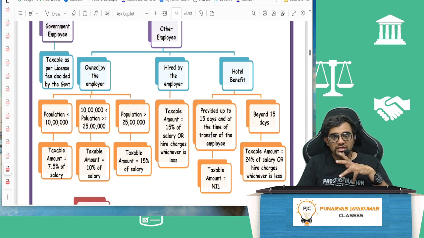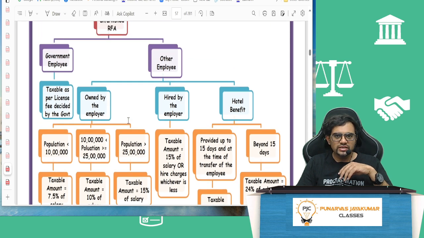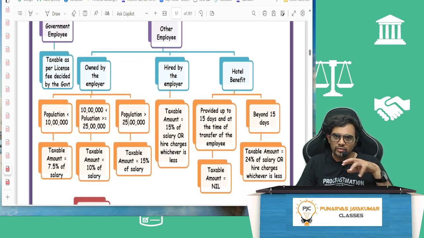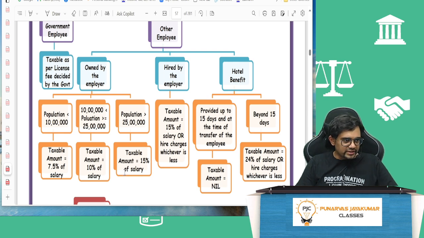And for other employees, I had to see whether the accommodation is owned by the employer or hired by the employer. If it is hired by the employer, then the taxable amount would be 15% of salary or hire charges, whichever is less. And if it is owned by the employer, then the population I should have checked. If it is up to 10 lakh, 10 lakh to 25 lakh, and more than 25 lakh, then it was 7.5%, 10% and 15%. And hotel benefits, some other provisions were there.